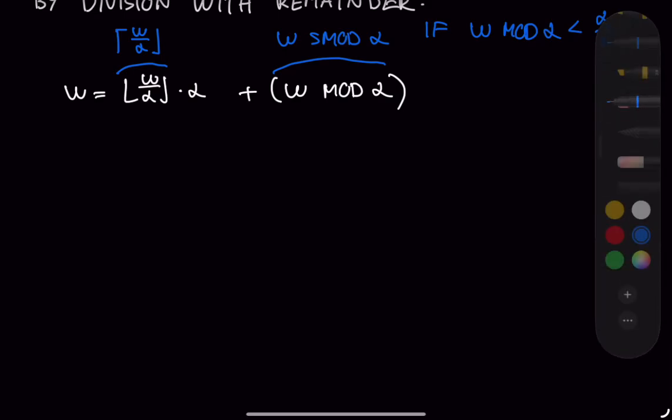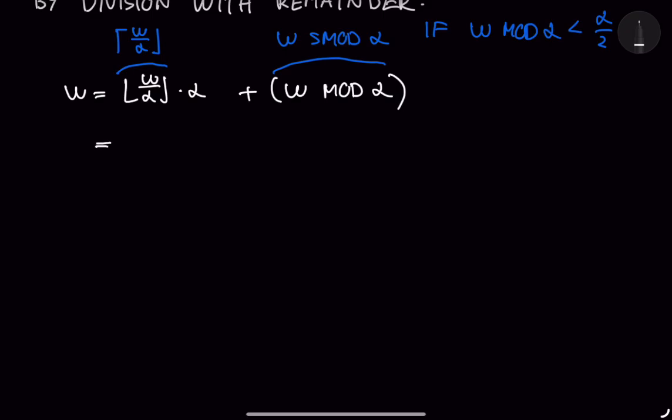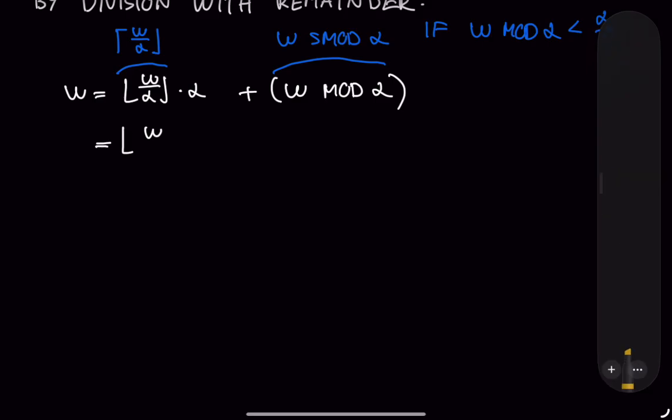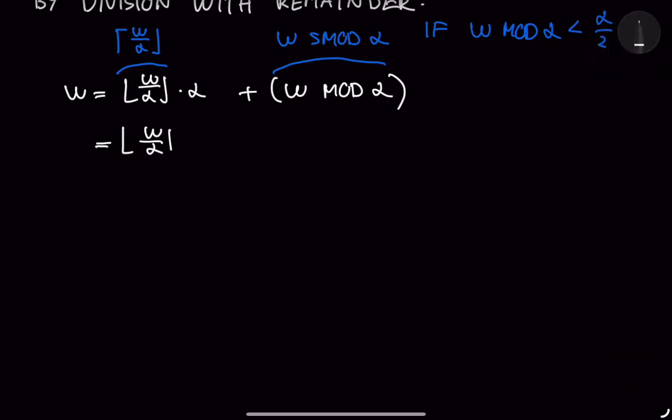But what we can also do from this equation, we can just add and subtract alpha. So we first add it, plus alpha, and then we have w mod alpha minus alpha.